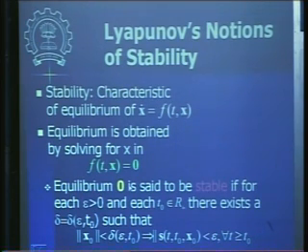The equilibrium 0 of the system x dot equal to f(x, t) is said to be stable if for each epsilon greater than 0 and t0 belonging to R plus, there exists a delta, which can be a function of epsilon and t0, such that whenever you start at x0, your starting position, the system evolves.